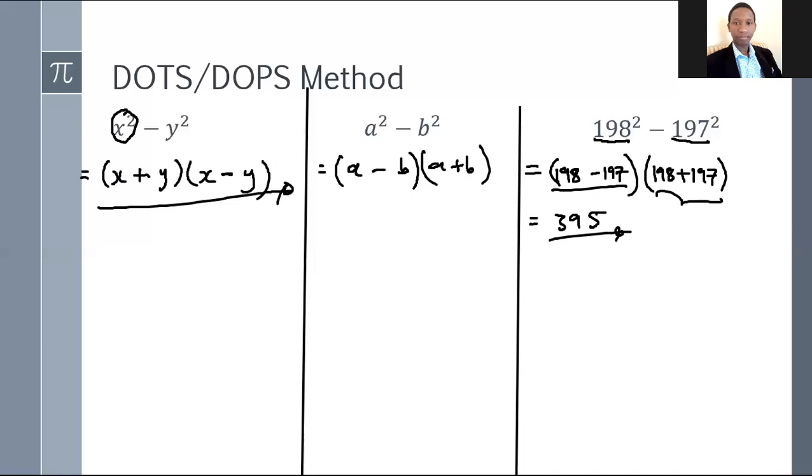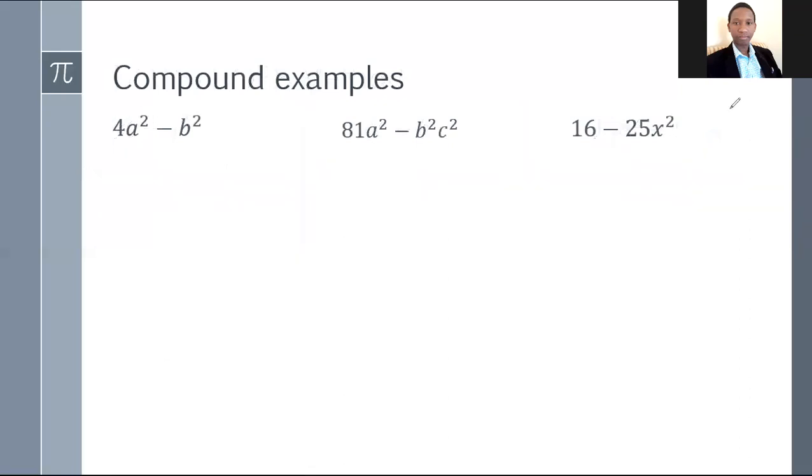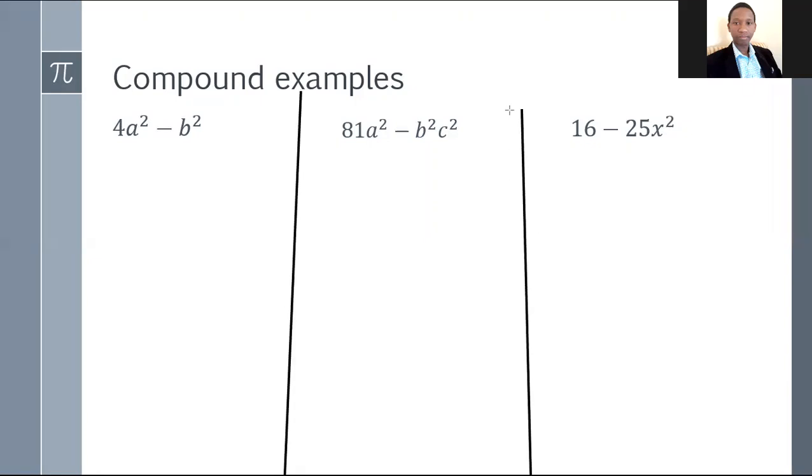Let us look at more complex examples, meaning compound examples that need you to do a little bit of thought before you get to the final answer. I have here, once again, 3 sums before I give you sums to try on your own. Again, we know it's a difference of 2 squares. What makes us realize that is, first of all, there are 2 terms.